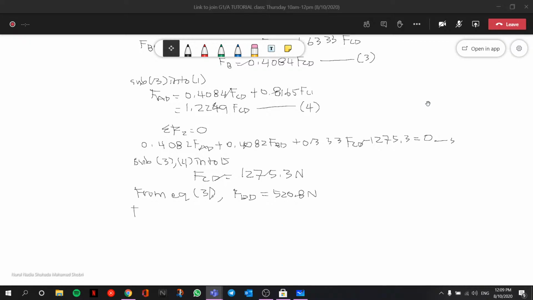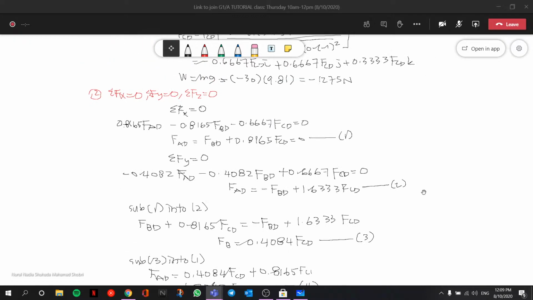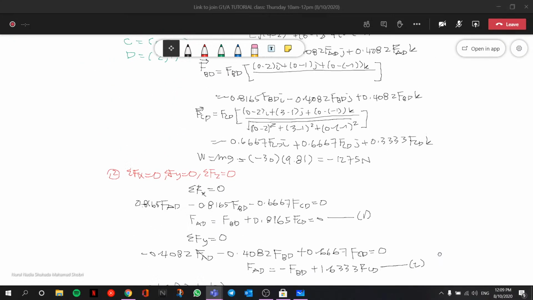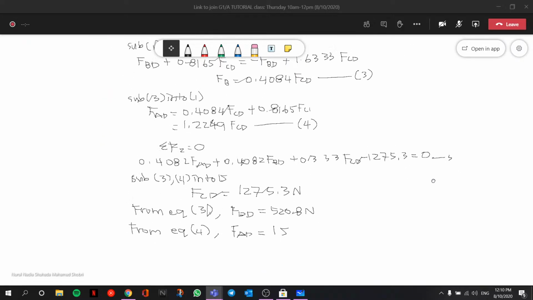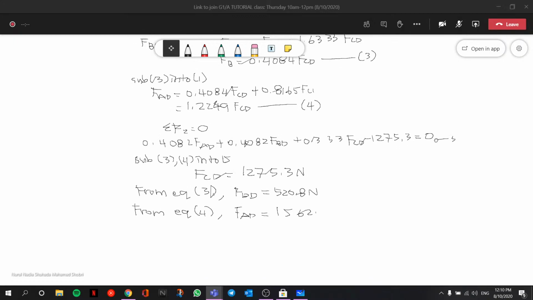So from equation 4, you guys will get FAD equal to 1562.1 Newton.